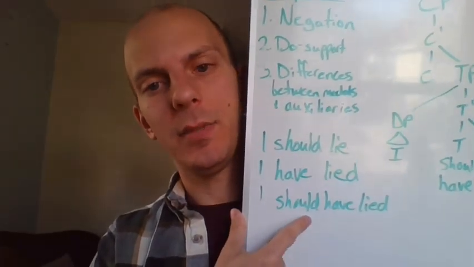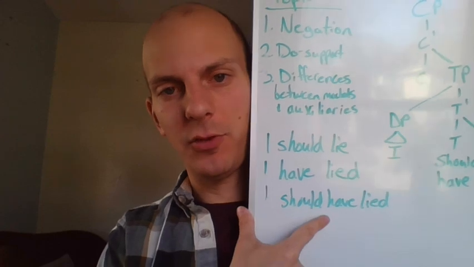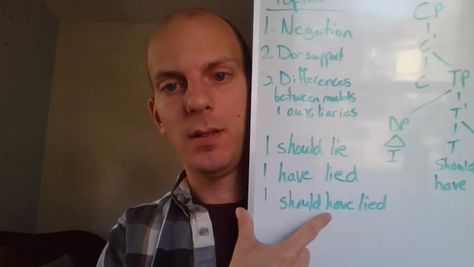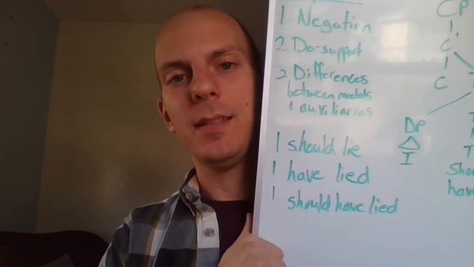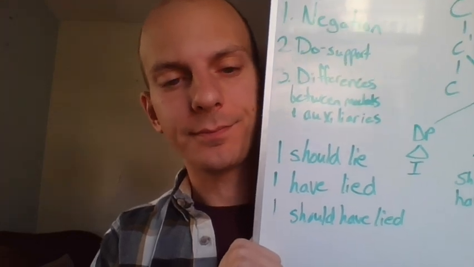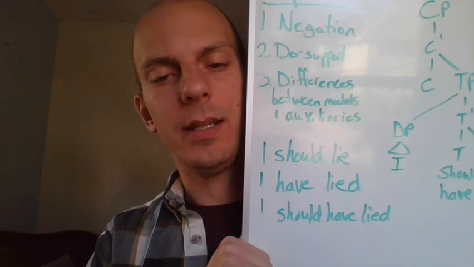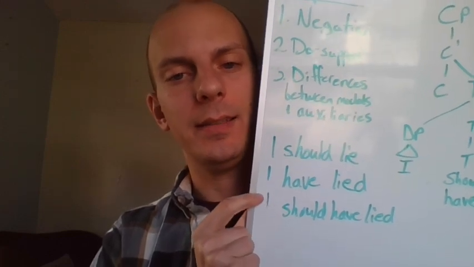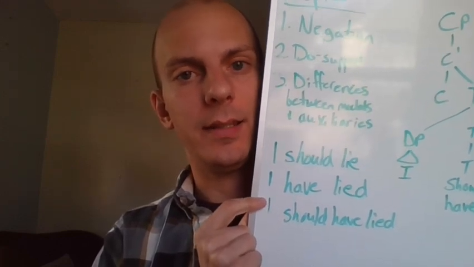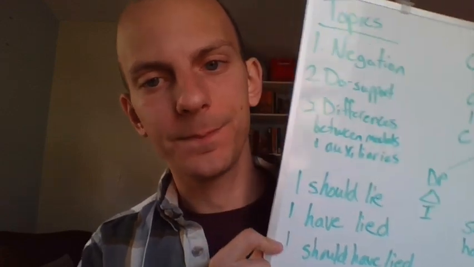This is hinting at something already. It's hinting at the positional difference between a modal and an auxiliary. And this is reinforced when we add negation back in, right? How do we negate this sentence? How do you negate the sentence, I should have lied?